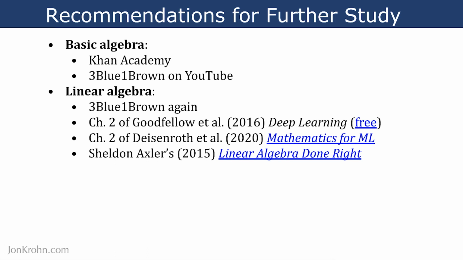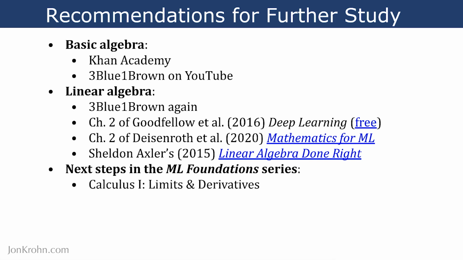In terms of what I most highly recommend you study next, well, that would of course be the next steps in the Machine Learning Foundation series. So having now learned foundational linear algebra, we are well prepared to jump into Calculus 1 on limits and derivatives, as well as the Calculus 2 class that will follow on partial derivatives and integrals.